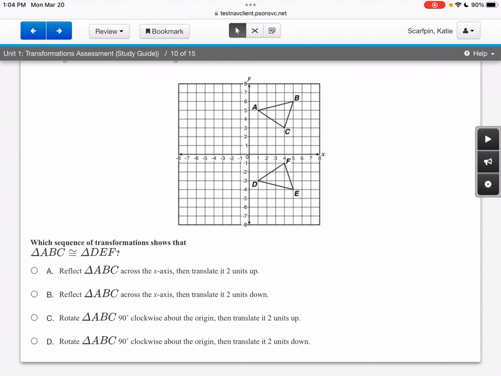Well, if I rotate it, it's upside down right now because F and C have been inverted, reflected. So I know it can't be a rotation because it didn't stay in the same order or the same position all the way around. F and C are facing each other now, so it's being reflected. So it has to be A or B. And then it says that it was translated 2 units up or 2 units down.